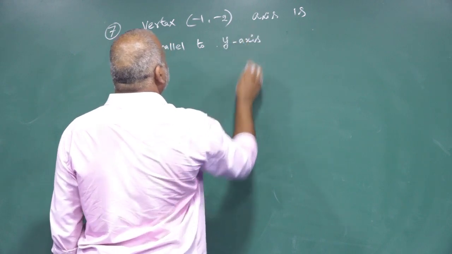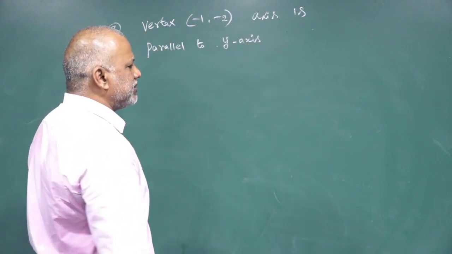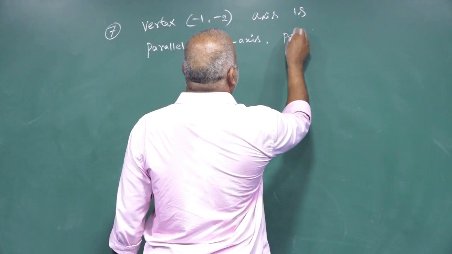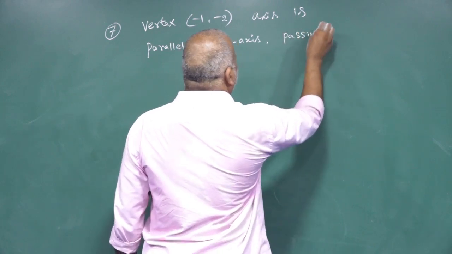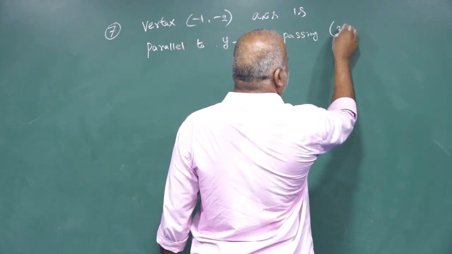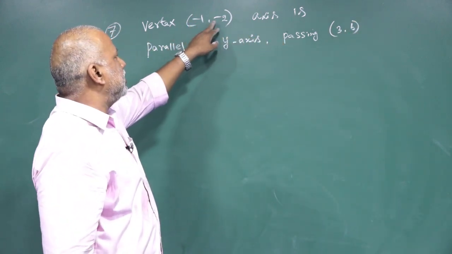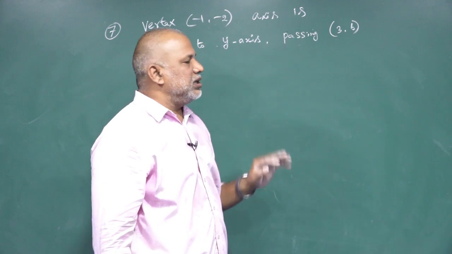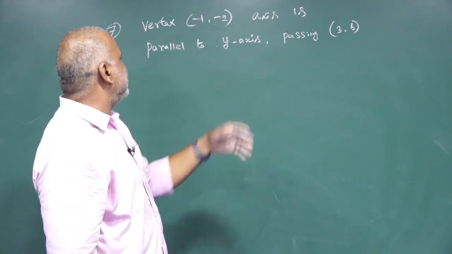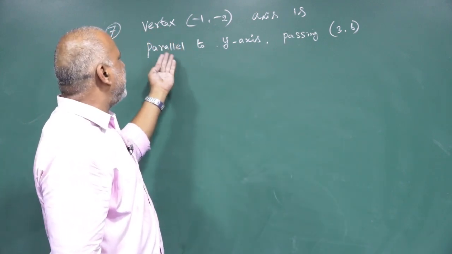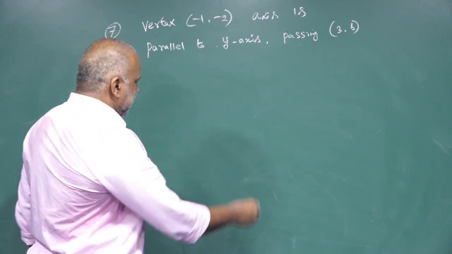This is the new logic. Axis is parallel to y-axis. Passing through the point 3 comma 6. See, there are 2 datas: vertex minus 1 comma minus 2, passing through the point 3 comma 6. And one more data is given: axis parallel to y-axis. Now listen.